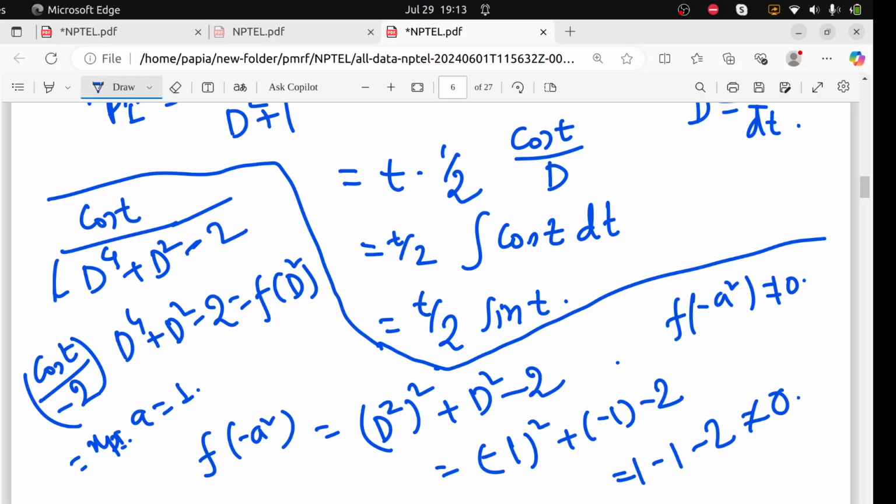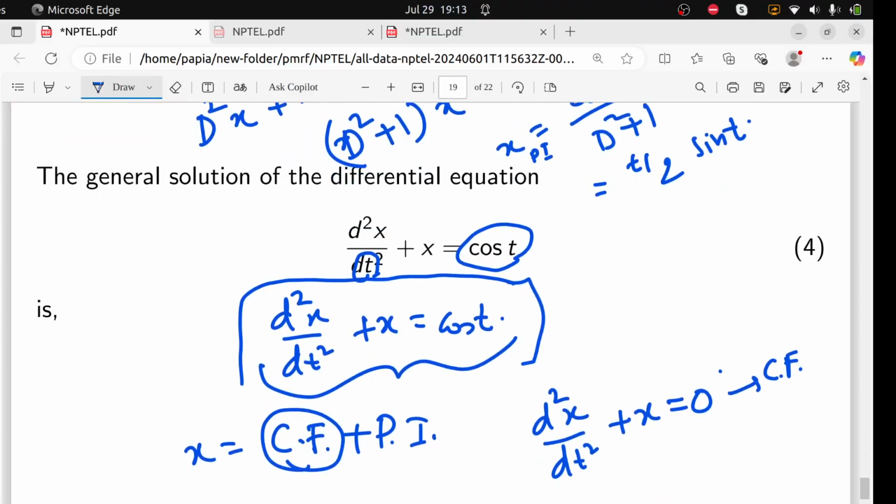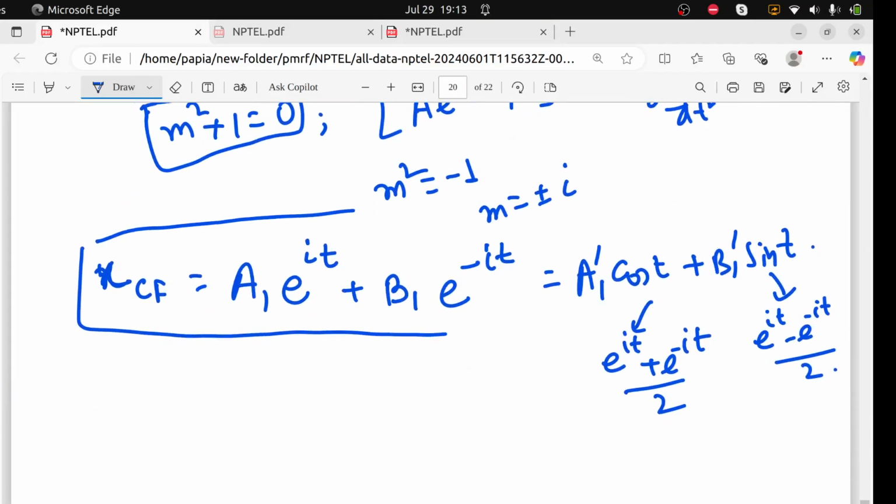Okay. So for my case the result was t by 2 sin t. I am just going to put these things in my calculation. Now, here I told you that x will be CF plus PI. I got the PI and I also got the CF from the very beginning. So I got the CF as a1' cos t plus b1' sin t.